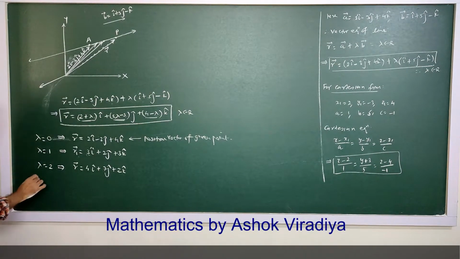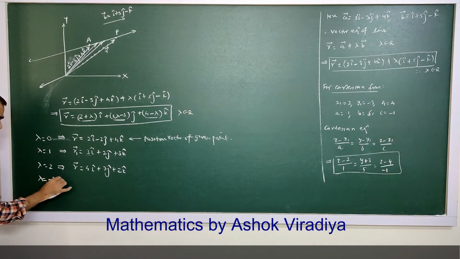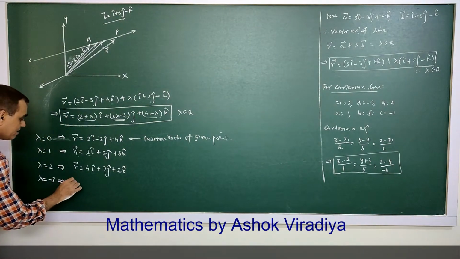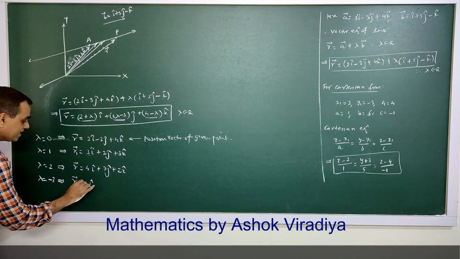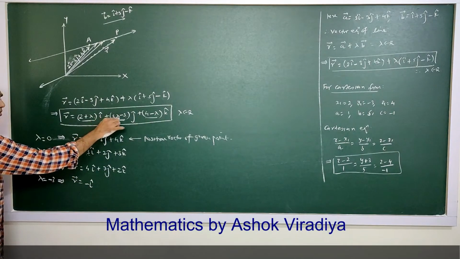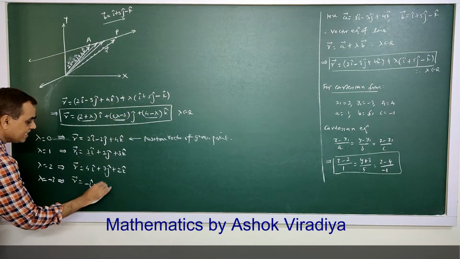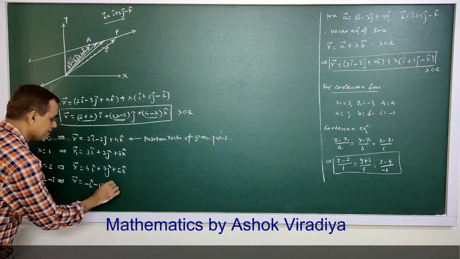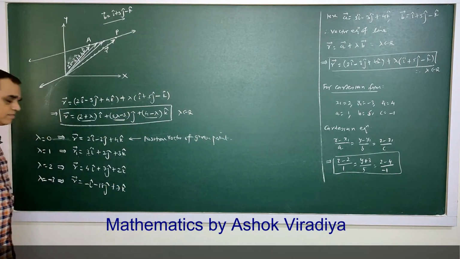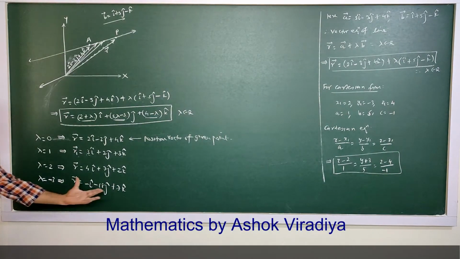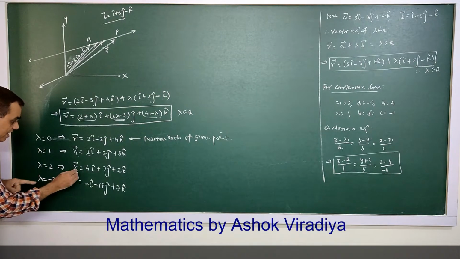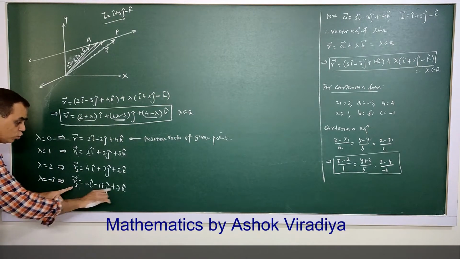If you take lambda equal to, suppose, minus 3, put here minus 3. So 2 minus 3, that is minus i. Minus 15 minus 3, minus 18j. Put here minus 3, so 7k. So again we are getting a new vector. So changing the value of lambda, every time we are getting a new vector.